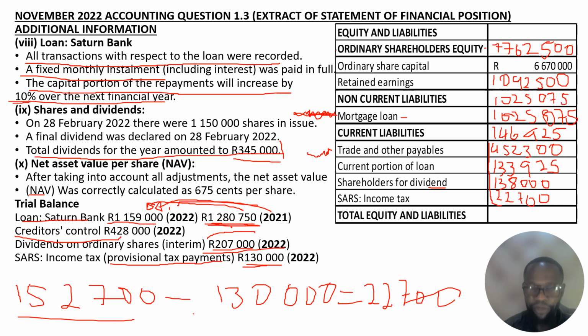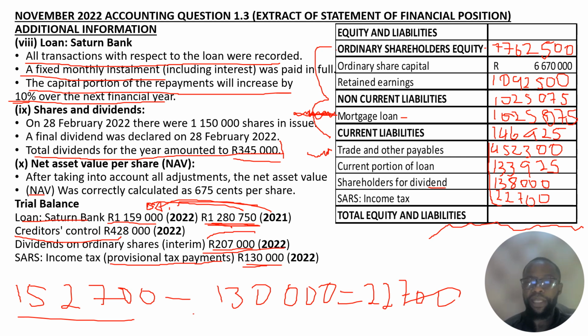So we add that amount. We want to calculate the total. We add all the three, plus the 7,762,500.